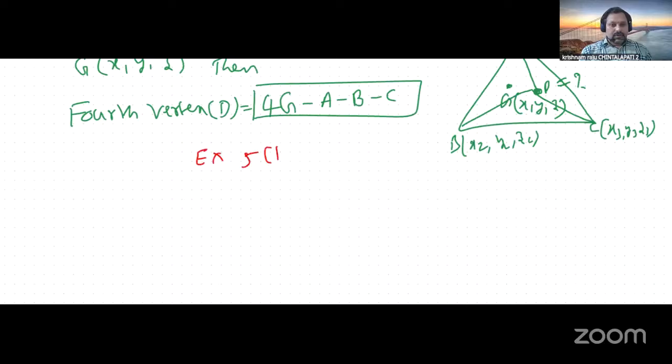So first Roman, first question. So important, 2 marks. What is the first question? Find the ratio.